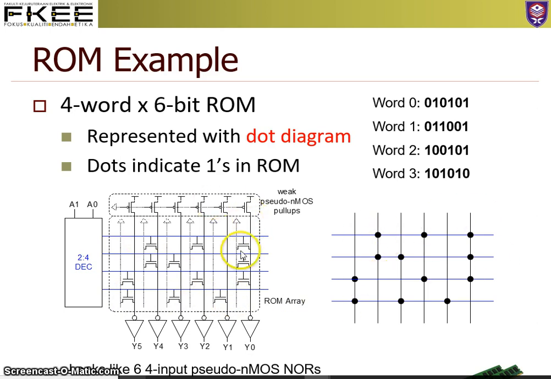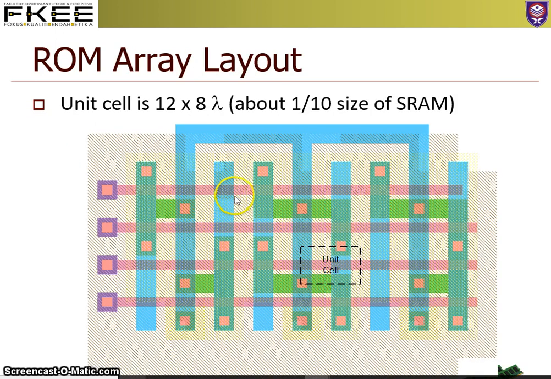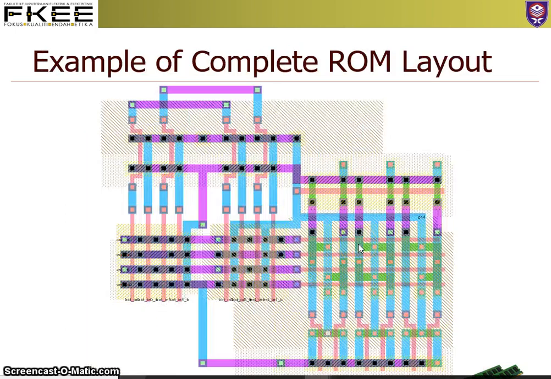Instead of drawing all this, we just indicate it using this notation. This is the ROM array layout. We have 4 lines just now, and this is for 1 unit cell, and this is the overall layout with the input and so on.